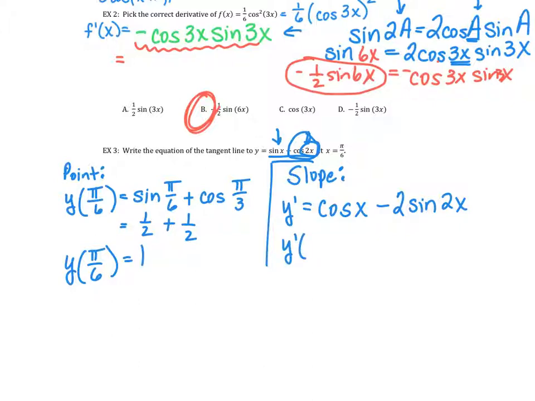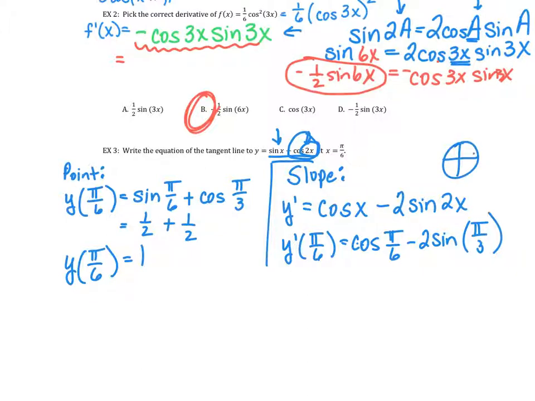So you have y prime at pi over 6 is going to be the cosine of pi over 6 minus 2 times the sine of, and again, 2 times pi over 6 is pi over 3. So what does that give me? Cosine of pi over 6, now we're talking about here, so long in the x, so square root of 3 over 2, minus sine of pi over 3 is also square root of 3 over 2, but I'm multiplying by 2.